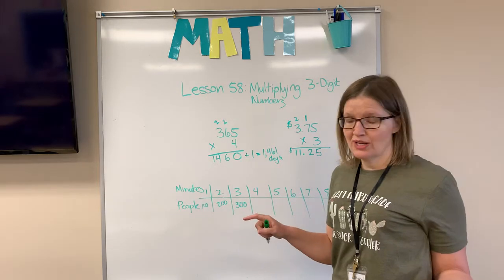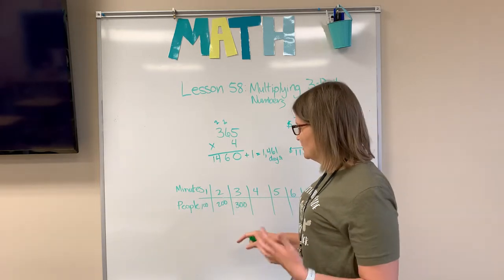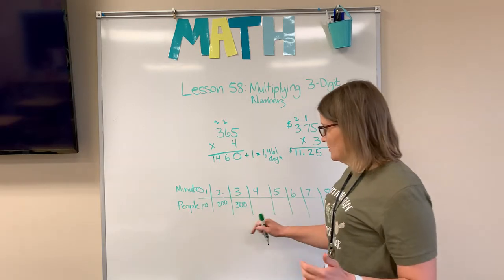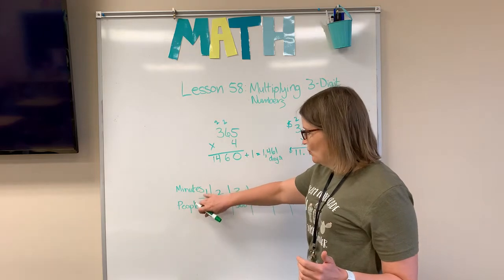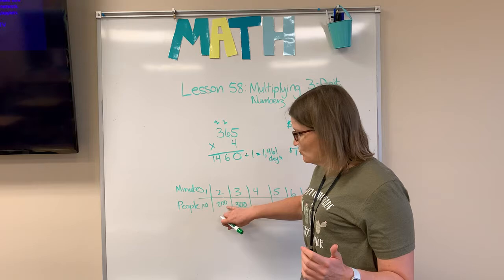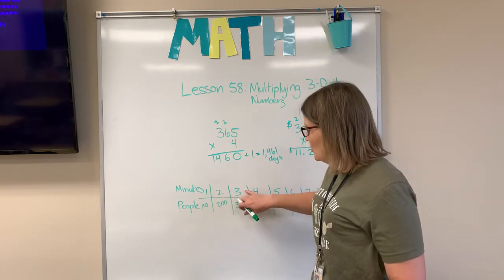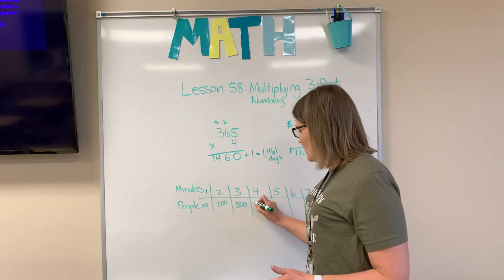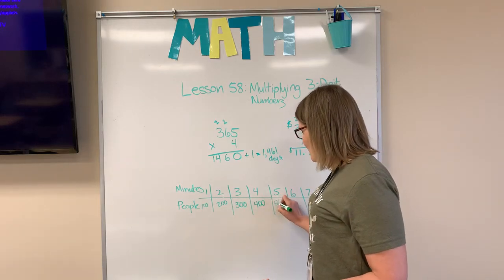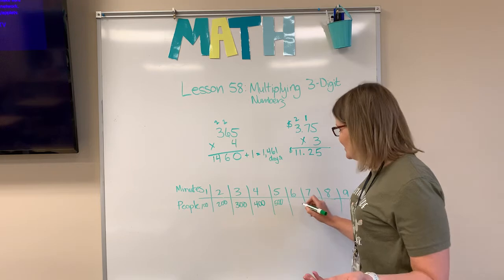We could also do it with multiplication, but I wanted to draw a little table to give you an idea of how we look at this. So if we know 100 per minute, then 2 minutes, we would have 200 people that have gone through. 3 minutes, 300 people. 4 minutes, 400 people. 5 minutes, 500 people.